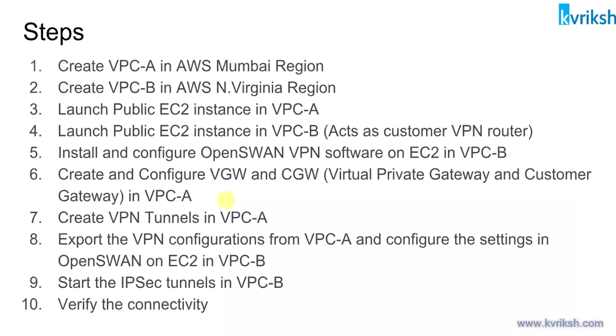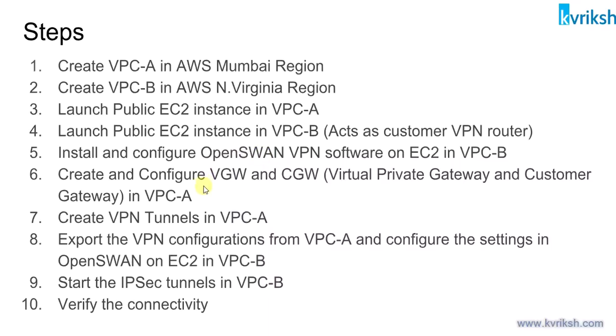We'll be creating one VPC in, say, the Mumbai region, and another VPC which acts as the customer end in the North Virginia region. We'll launch EC2 instances in each of these VPCs, and then in VPC B we will install OpenSWAN software.